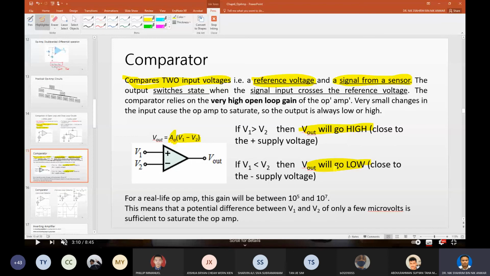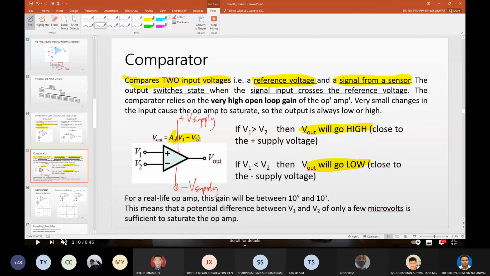It depends on what values you supply. Normally people will not draw the V supply here; normally it is V in here. Positive V supply, and to the negative V supply.